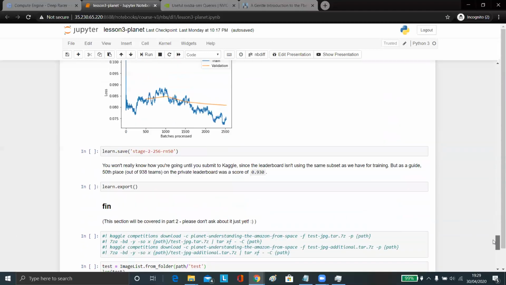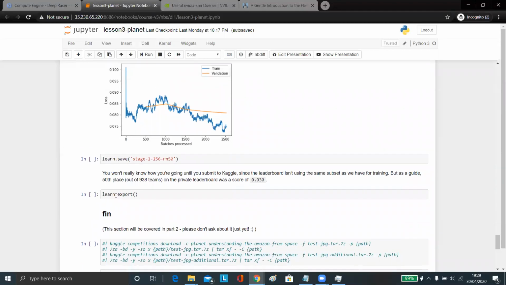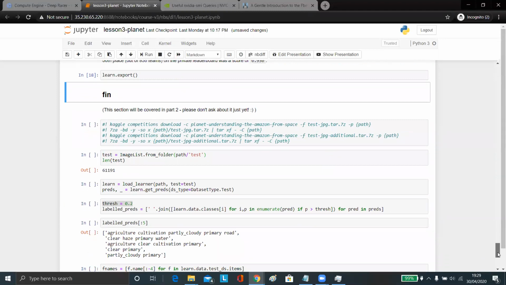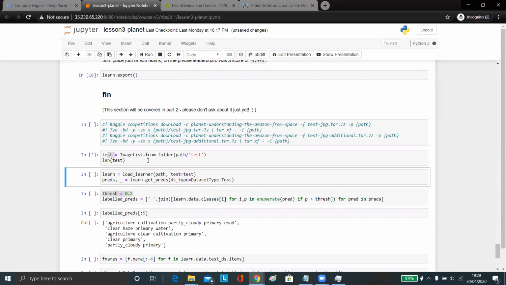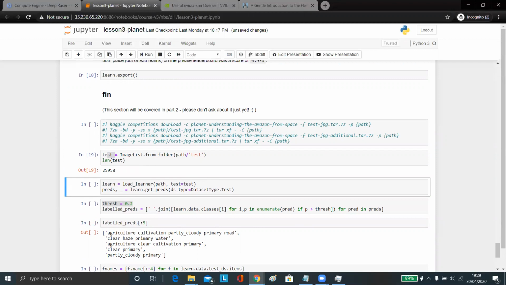Okay, so we'll need to do learn.export. And then, so we're getting our 26,000 and we've got test. I'm just trying to see if there's anything to change here.